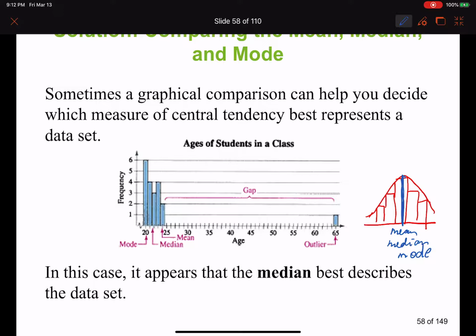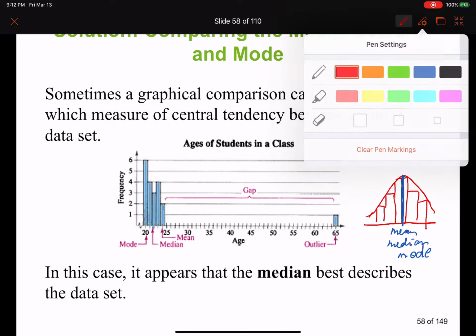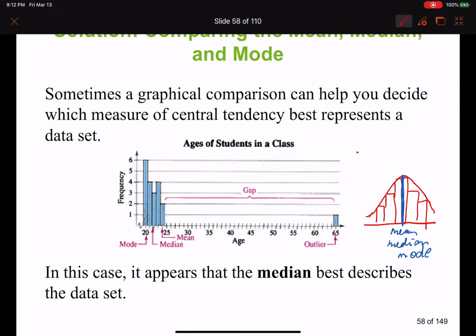Different story when we have an outlier. So it's gonna drag the mean, obviously. The median is gonna stay right where it is, right in the middle, but the mean is gonna get dragged away from the position of the median because of this outlier, 65 years old, right?